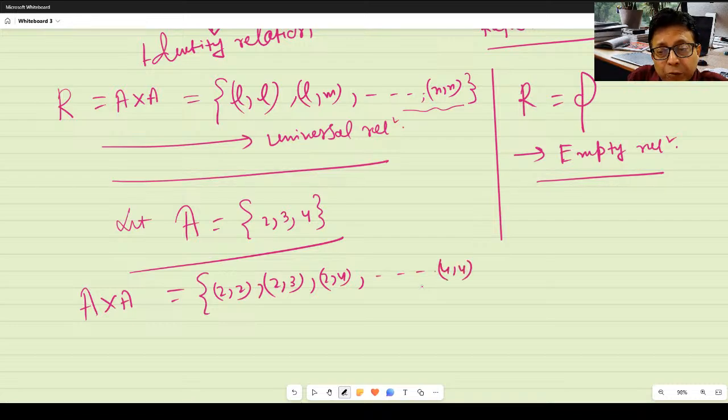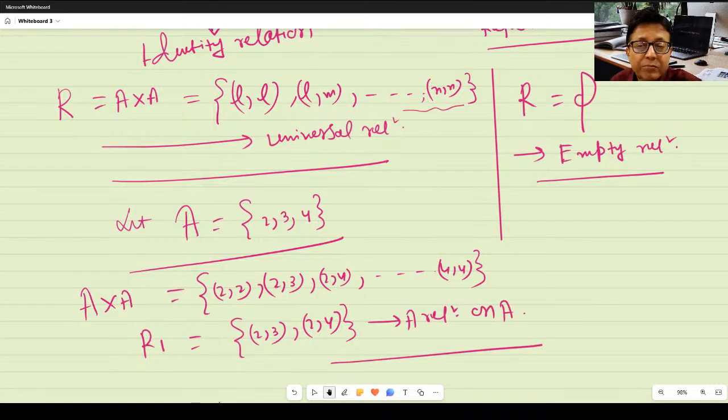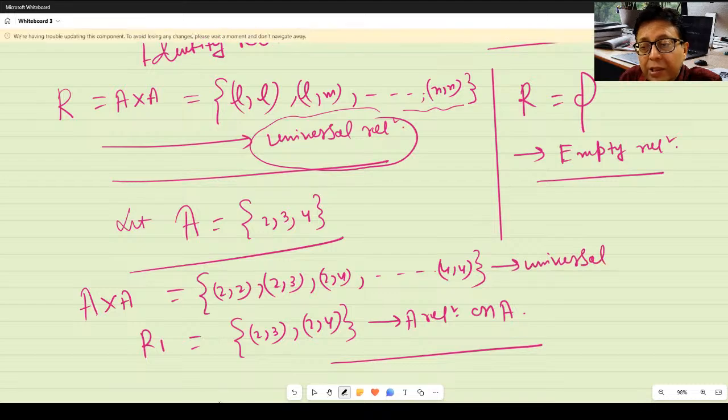Finally, 4, 4. I am taking a relation in this manner. R1 equal to 2, 3, 2, 4. It's a relation on A. We define this way. And this one is going to be, as per the definition given over there, a universal relation.